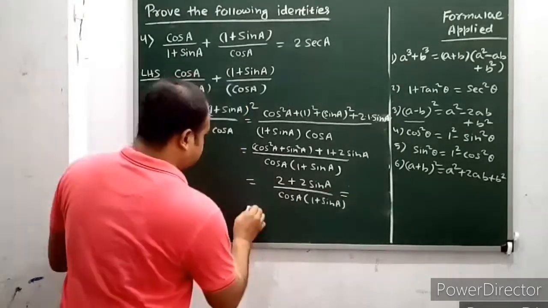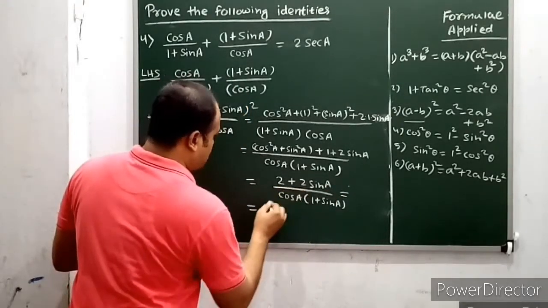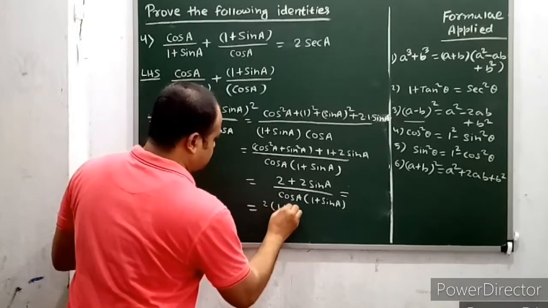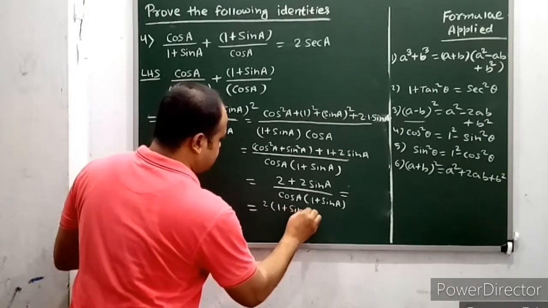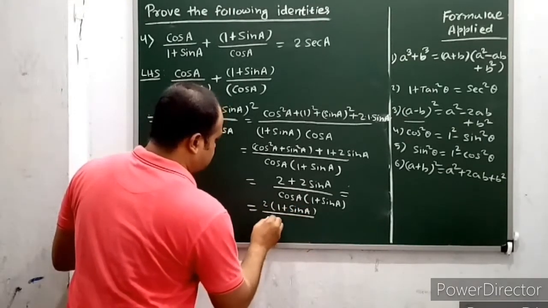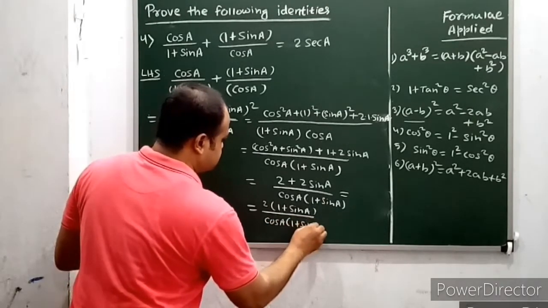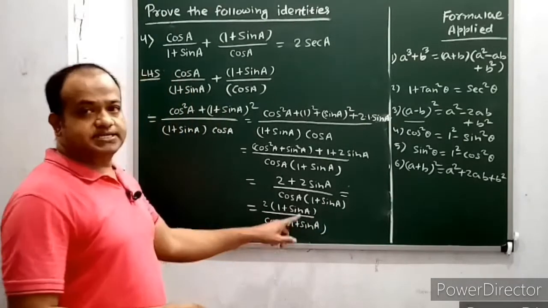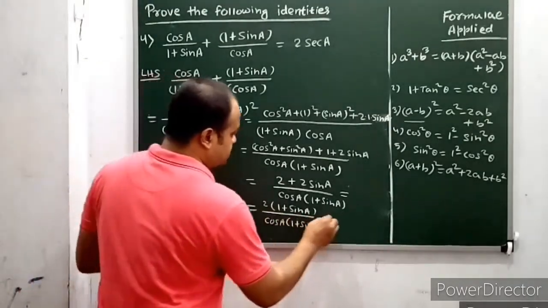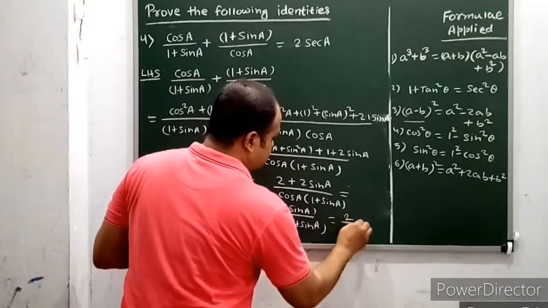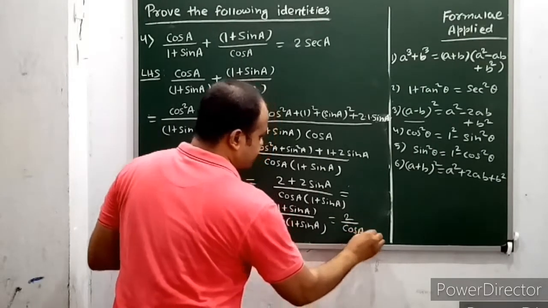Here if you take 2 common, you get 1 plus sin a, and here cos a into 1 plus sin a as it is. See here 1 plus sin a gets cancelled out, you are left with 2 by cos a.